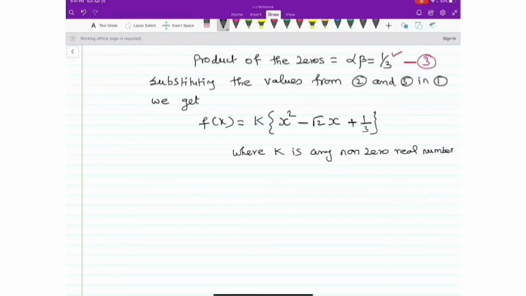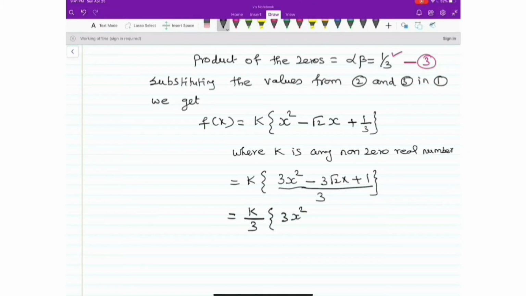So I will be getting, when I take LCM, this is k into 3x square minus 3 root 2x plus 1 by 3. I can take out this 3 outside, so I will be getting k by 3 into 3x square minus 3 root 2x plus 1.